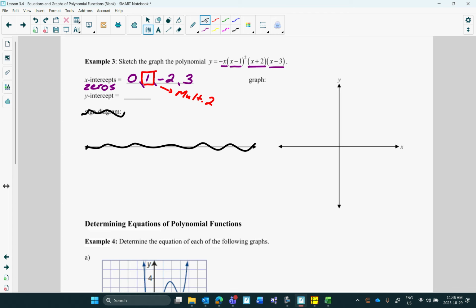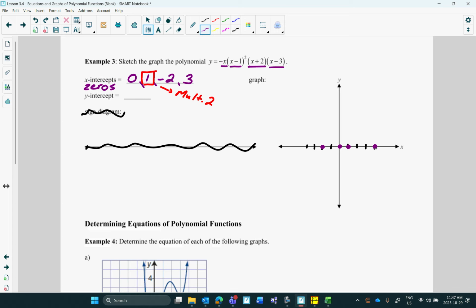So we've already got 4 points on our graph. I know that it's going to go through 0, 1, -2, and 3.